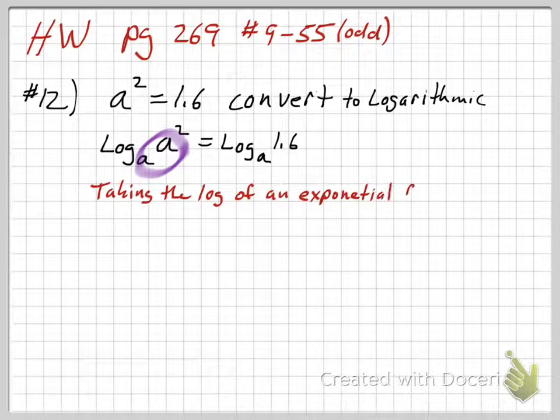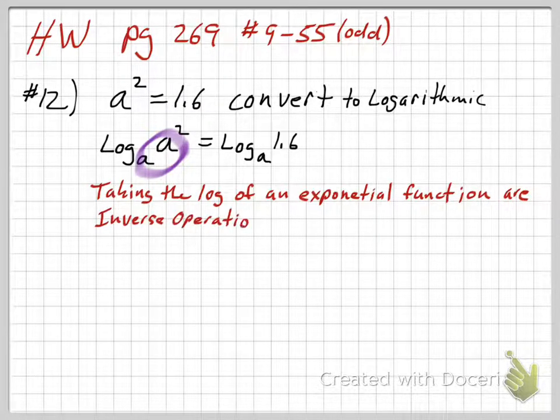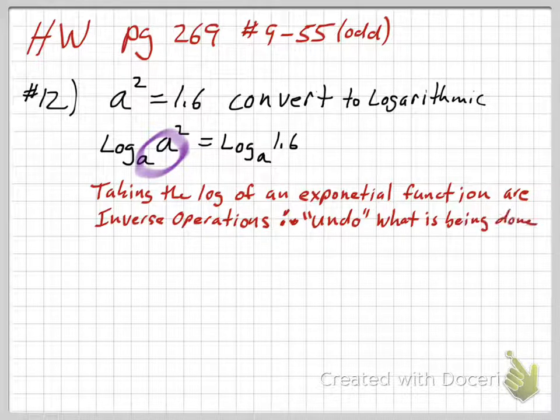Now I am doing an inverse operation. Remember, logarithm base a and exponential base a are inverse operations, which means they sort of undo one another, and I'm just left with the 2.